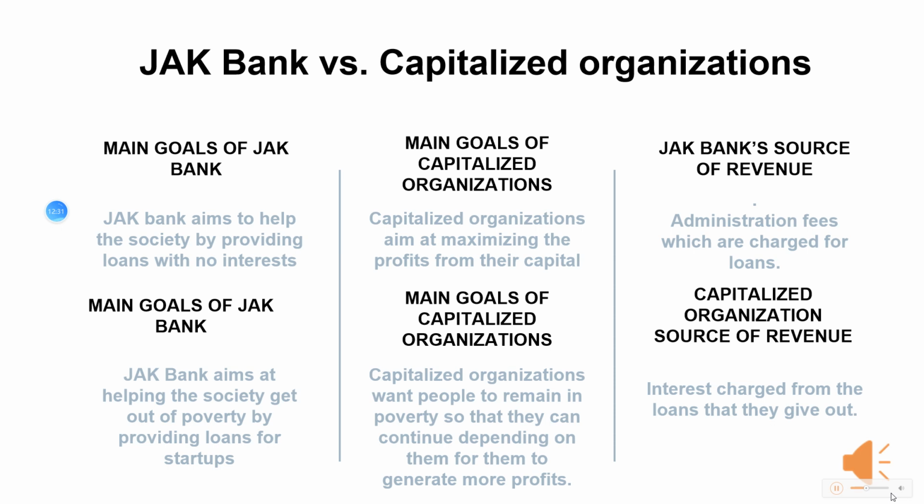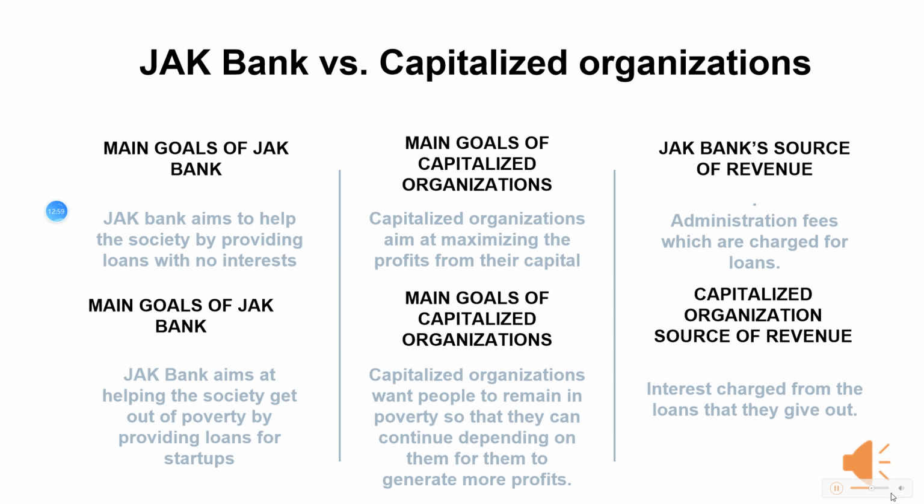JAK Bank acts as an adjunct to the capitalist organization and is a safety net for those people who cannot keep up with the high interest charged by mainstream organizations. This gives people an opportunity to become future entrepreneurs of the capitalist economy.